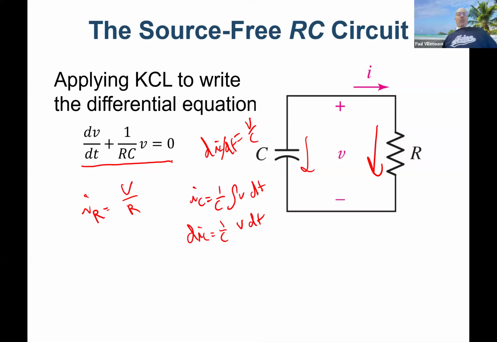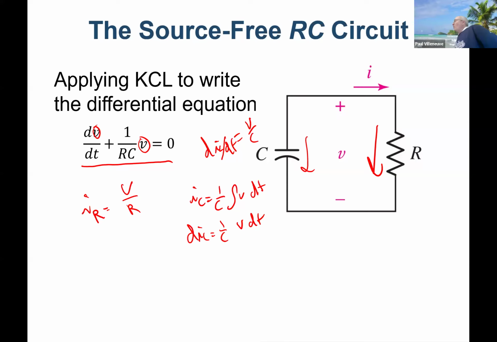And so this circuit has the equation dV dt plus 1 over RC times the voltage equal to 0. This is what we call a homogeneous differential equation, set equal to 0. The problem is we've got an equation with the derivative of voltage plus the voltage as part of the solution.